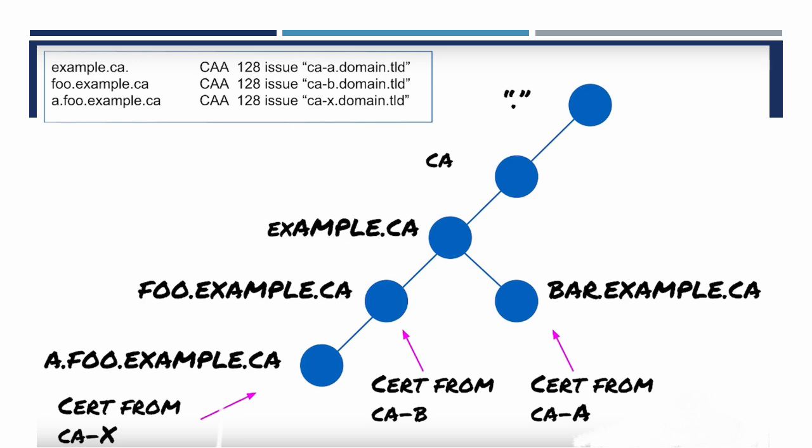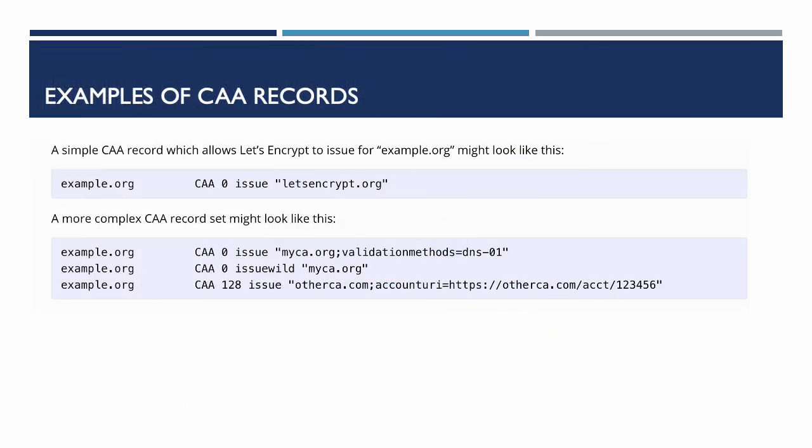For that, we have certificate authority B, and for a.foo.example.ca, we have certificate authority X. Here you can see a simpler and a more complex example of CAA in working, and this is basically the summary of CAA.